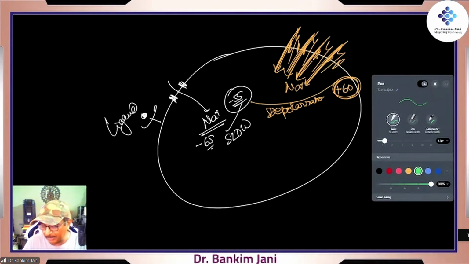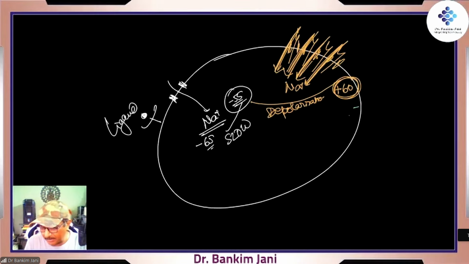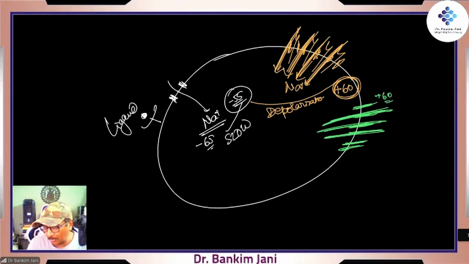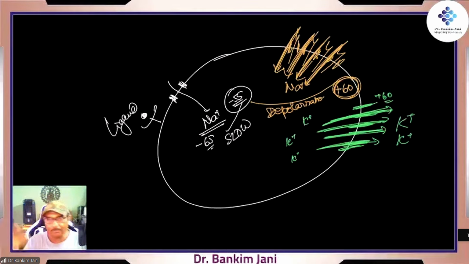These potassium channels are also voltage gated, but they activate at this plus 60. When they are activated, they say, now it's our turn. So they will start throwing potassium out, because there is a large amount of potassium present inside.